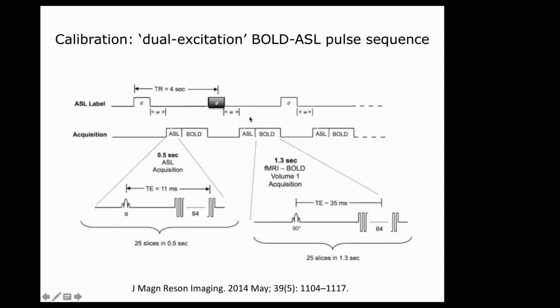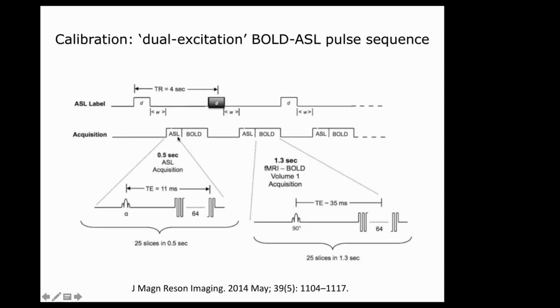We've used, most recently, an acquisition pulse sequence that combines arterial spin labeling with BOLD, but in separate volumes. So we don't use a multi-echo approach, as we did originally. Our first work used a multi-echo arterial spin labeling sequence, but we've since moved to a sequence which acquires BOLD signals straight after the ASL volumes.